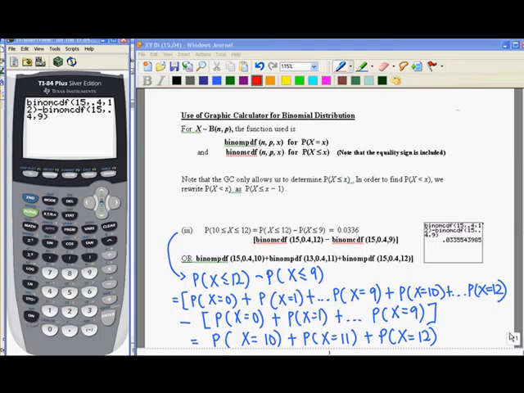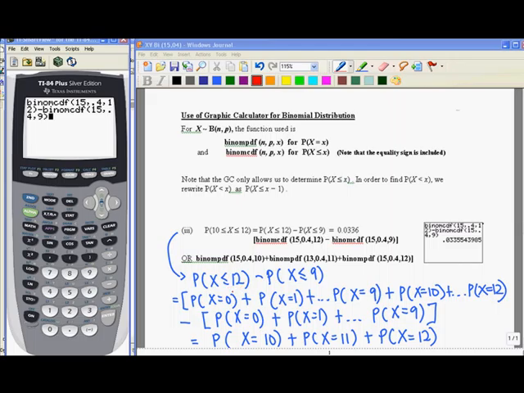In this next example, we want to calculate the probability when X is between 10 to 12. So we need to take the cumulative probability of X up to and equal to 12 minus the probability when X is less than or equal to 9.